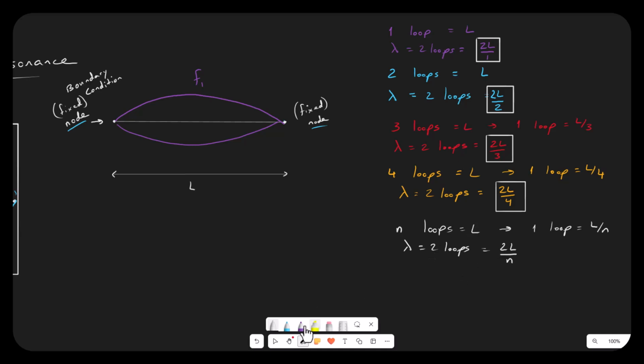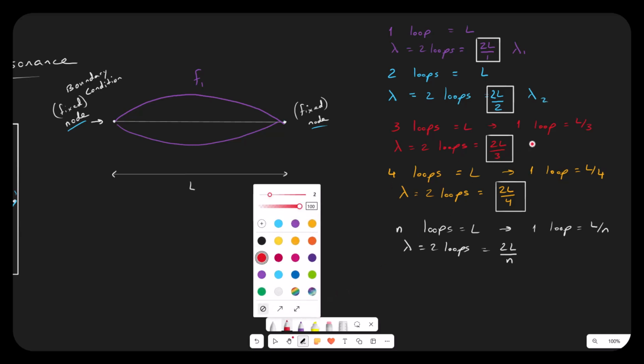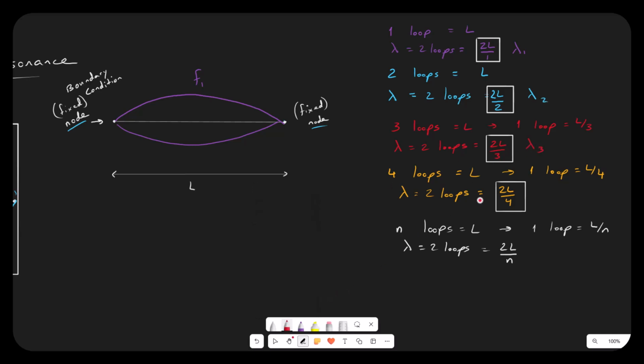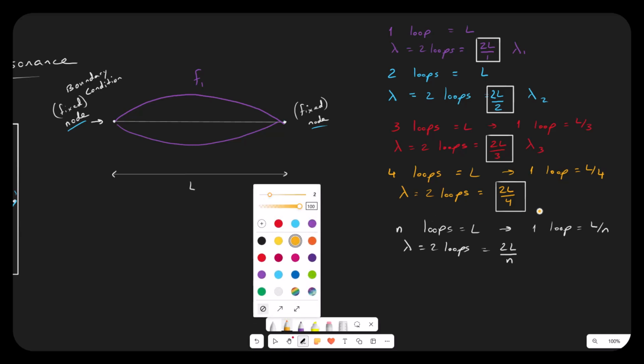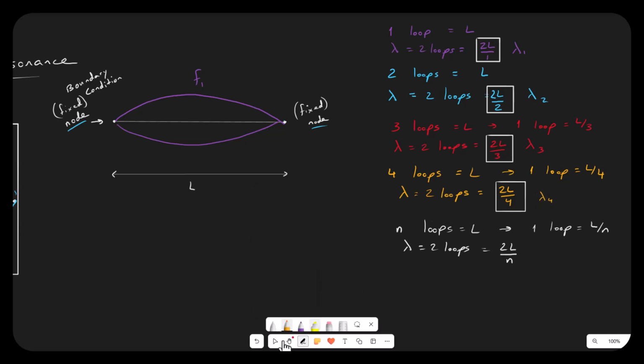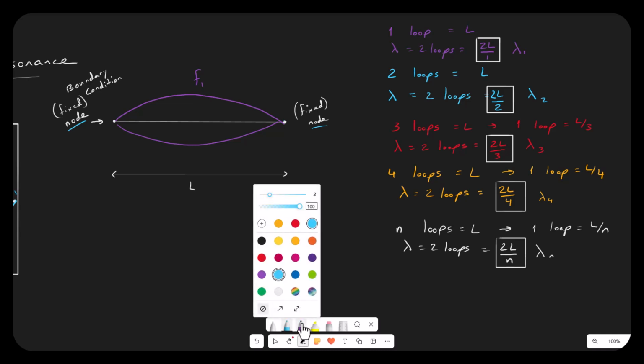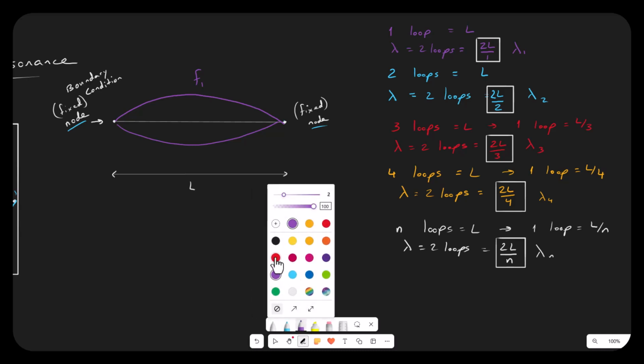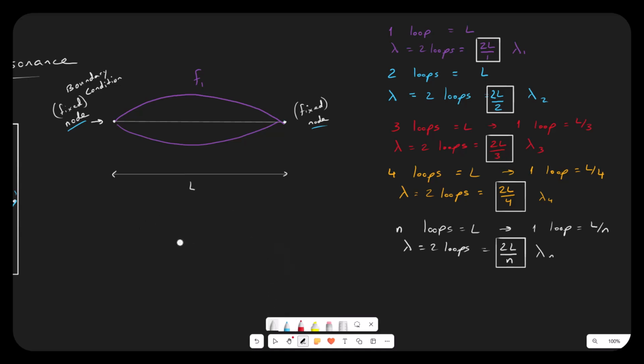And these are what my wavelengths are. This one I'm going to call wavelength 1, wavelength 2, wavelength 3, wavelength 4, and I'm just going to call this one wavelength of the nth. Now I would like to be able to give this a name because names are kind of nice, and these are called harmonics.